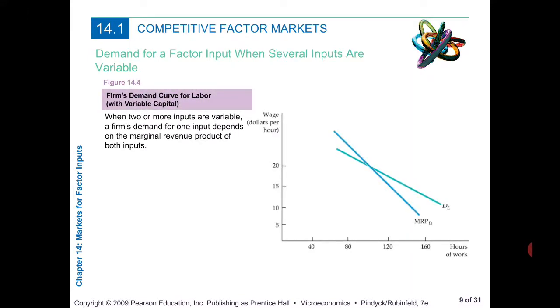Now this next slide shows what happens if you have two variables. K is also variable, L is also variable.